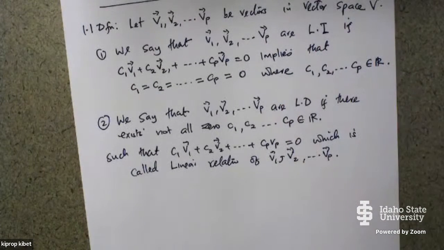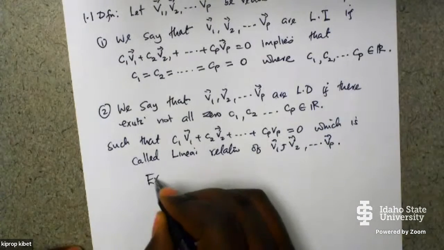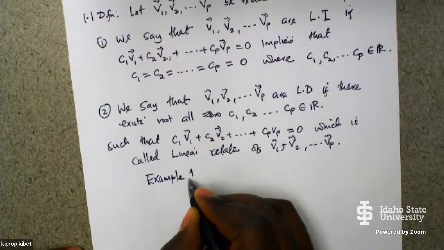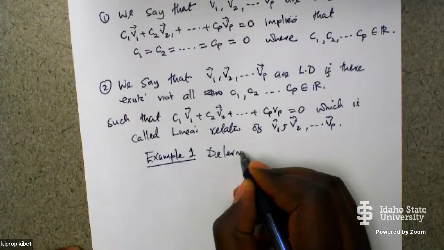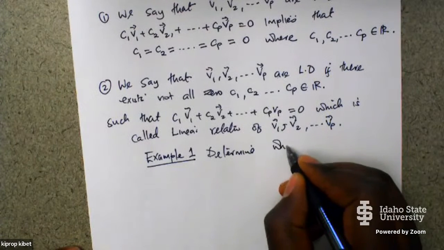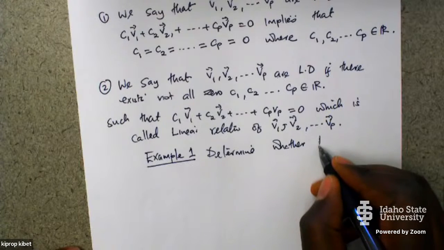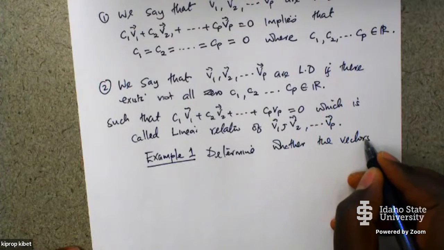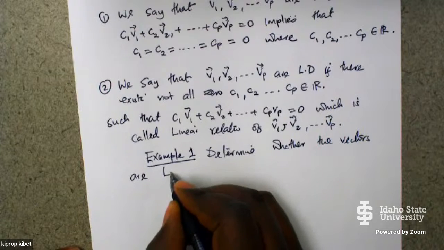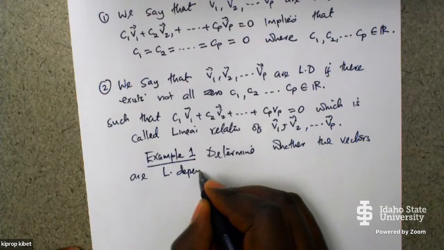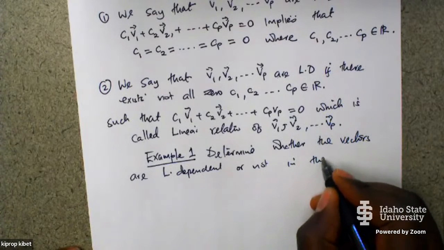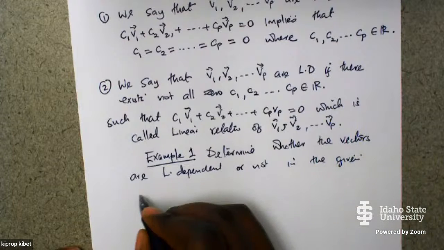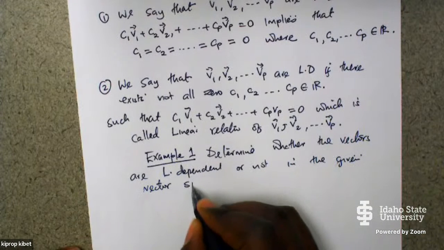Okay, let's look at the first example here. Example number 1. Determine whether the vectors are linearly dependent or not in the given vector space.